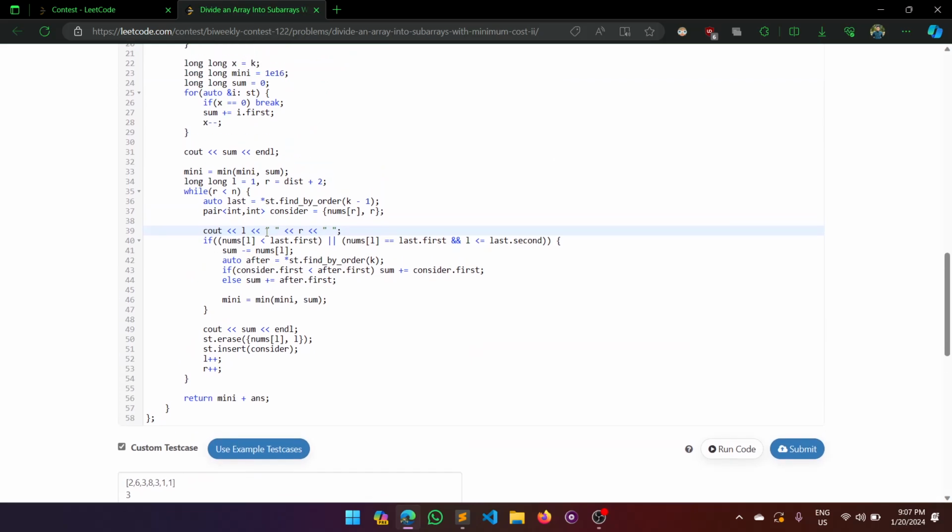Right? Yeah. And so we want to consider if consider dot first is less than that, or consider dot r is less than that, then we would be removing last dot first.